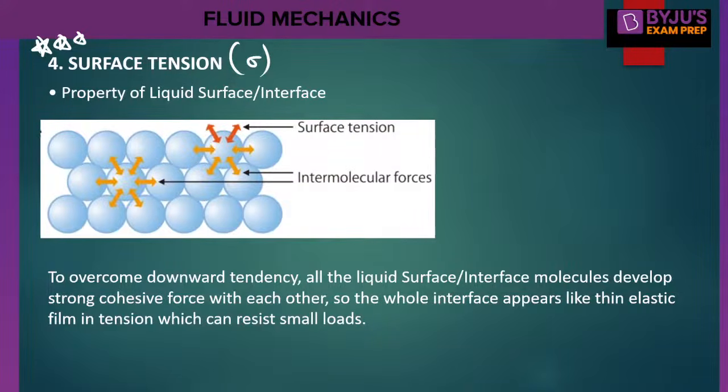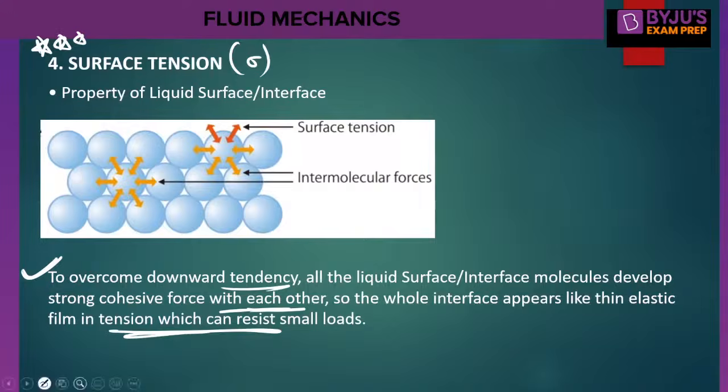The surface tension is due to strong cohesive force between liquid surface molecules. To overcome the downward tendencies, all the liquid surface molecules develop a strong cohesive force with each other. So the whole liquid interface appears like a thin elastic film in tension. That is called surface tension, which can resist small forces.